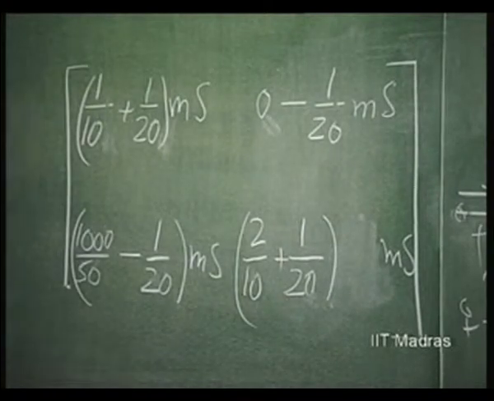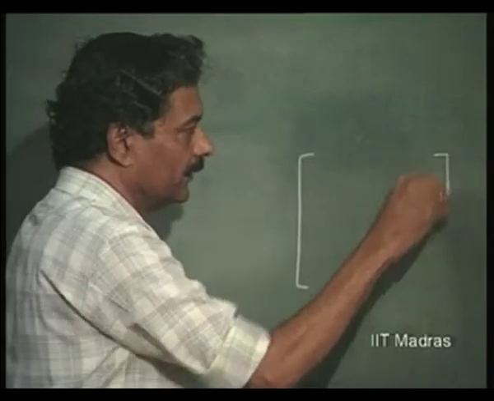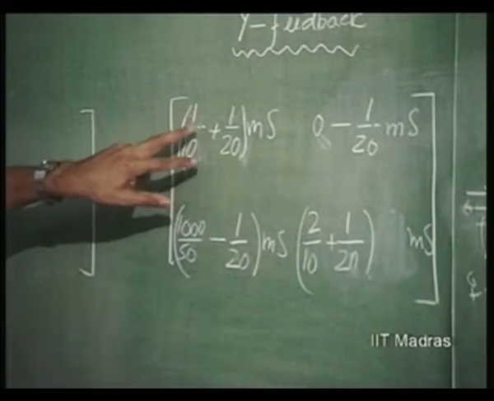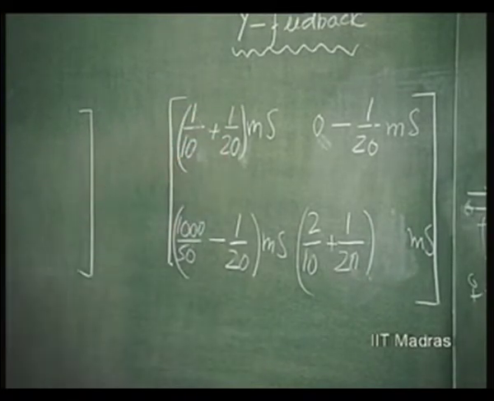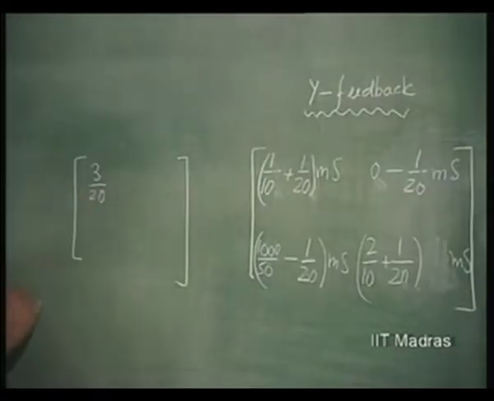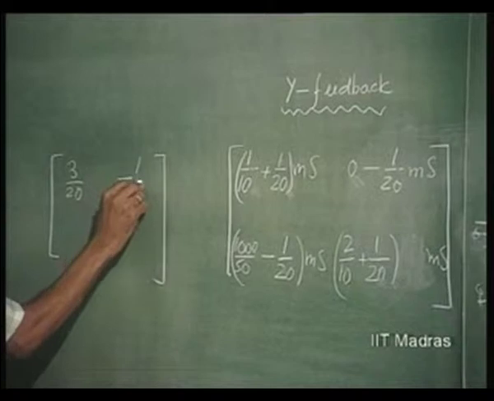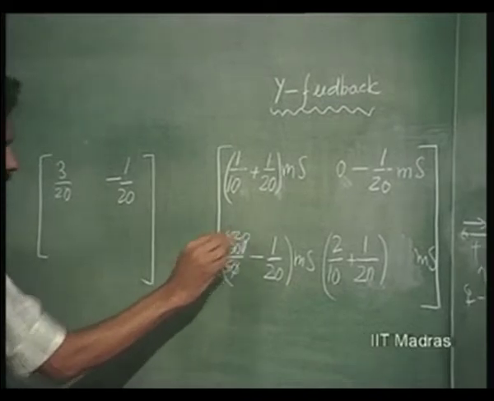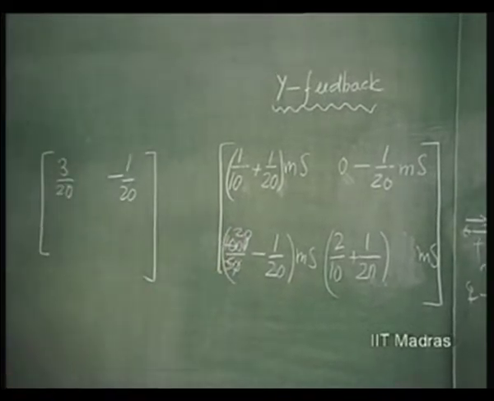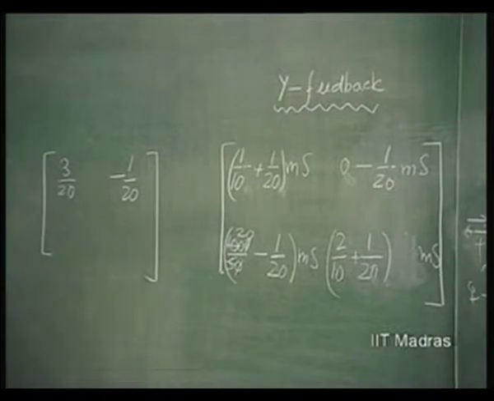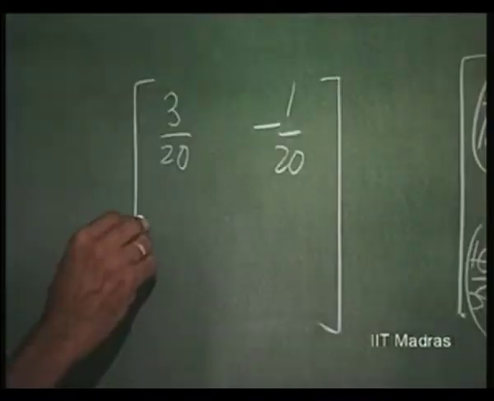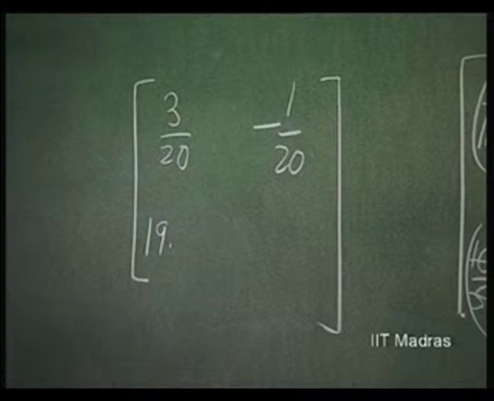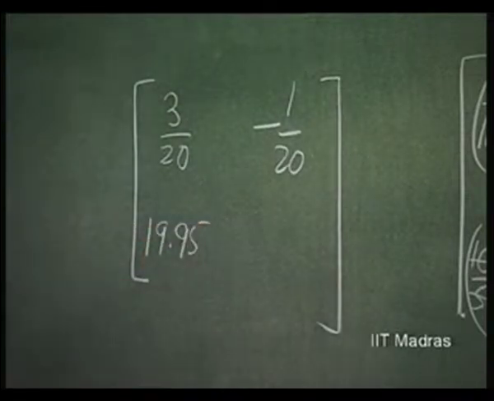So now the composite Y parameter, therefore in this situation is 1 over 20 plus 1 over 10, that is 2 over 20 plus 1 over 20, that means 3 over 20 millisiemens, minus 1 over 20 millisiemens. This is 20 minus 1 over 20, which is 19.95 millisiemens.